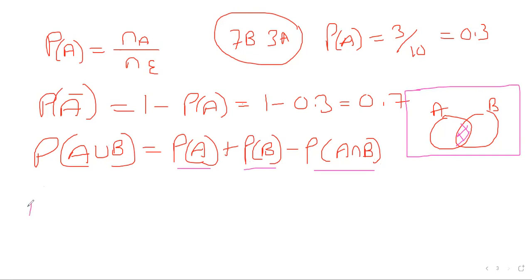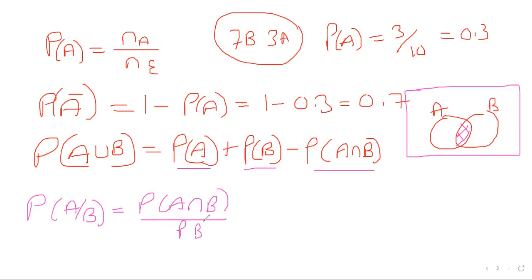Okay. Then we also go to conditional probability. A given B is simply the probability of A intersection B over the probability of B. You bring back the common ground, the base. If we're dealing with B given A, we bring the A down here.